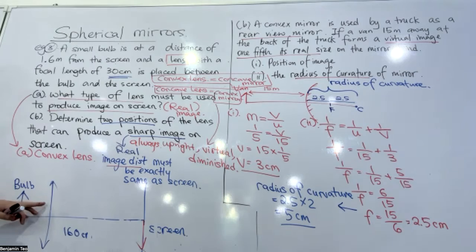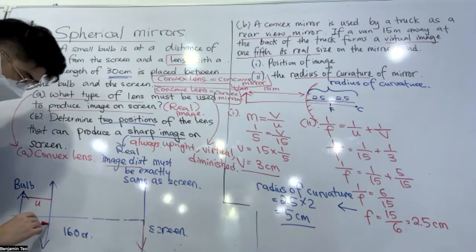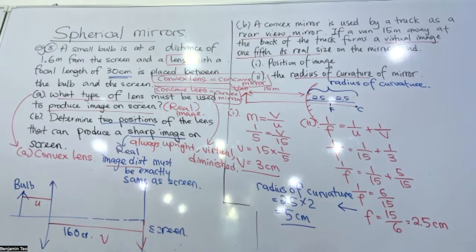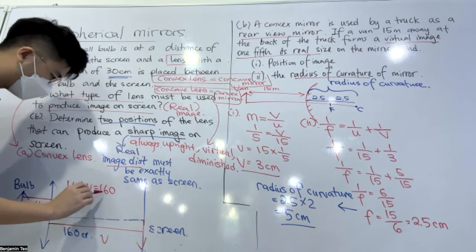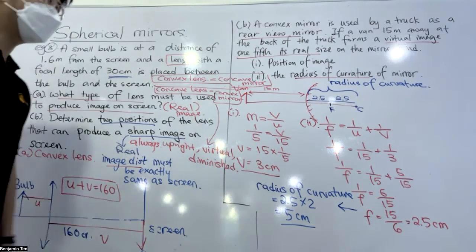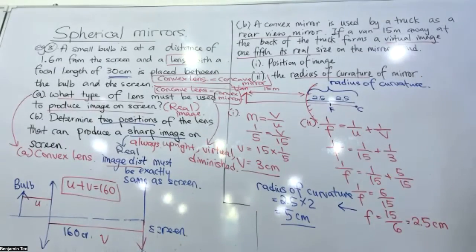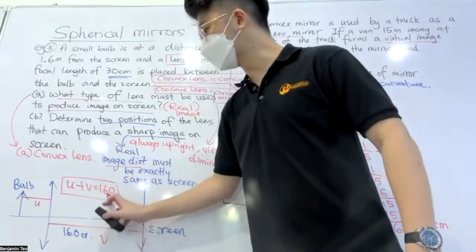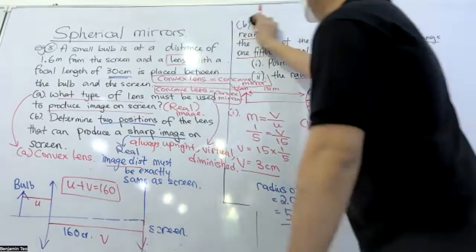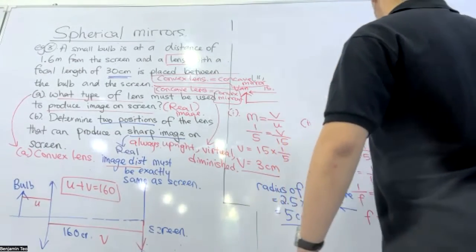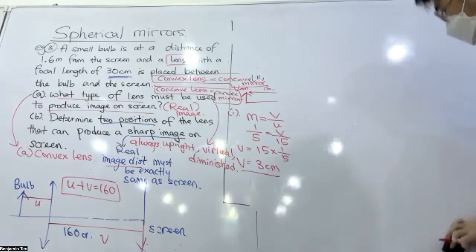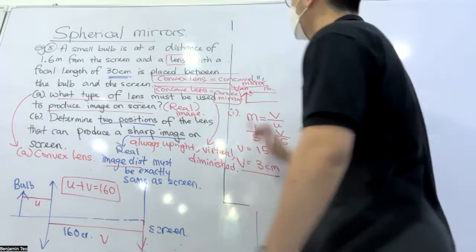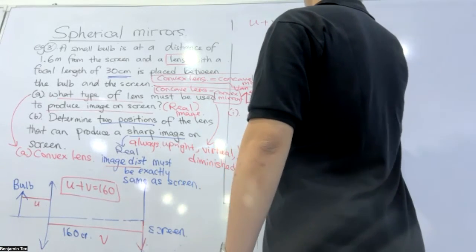So you want to find what is the position. Wow, how to find it? Let's do it this way: this is U, this is V, right? Can I say U plus V must be 160? Because I want V exactly on the screen, so U plus V must be 160. So you got equation 1, U plus V equals 160.